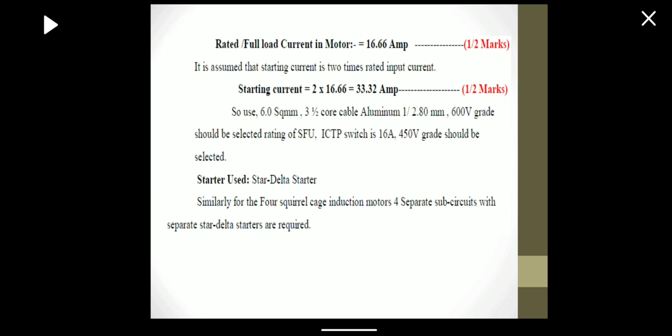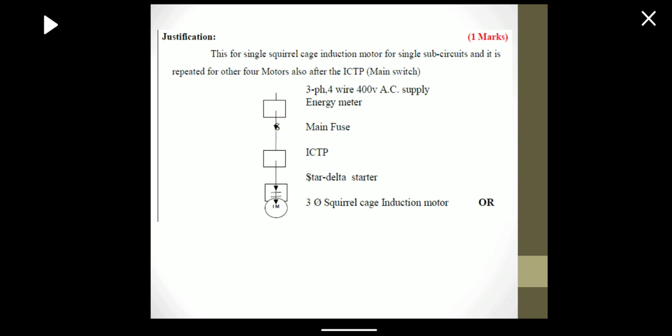grade should be selected for the SFU ICTP switch, which is 16 ampere, 415 volt grade should be selected, and for this motor only star delta starter is used. Similarly, for the squirrel cage induction motors, 4 separate sub-circuit boards with star delta starters are required.